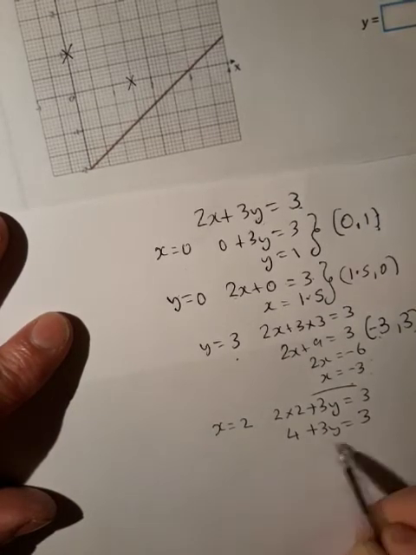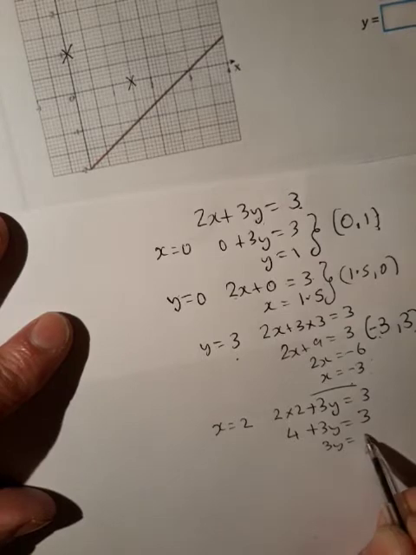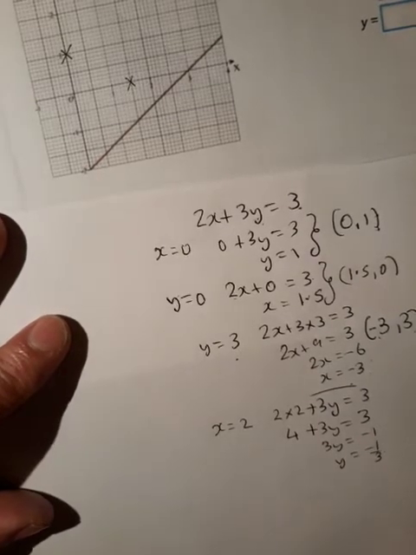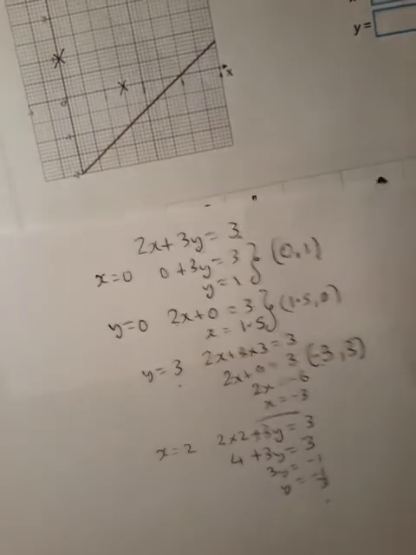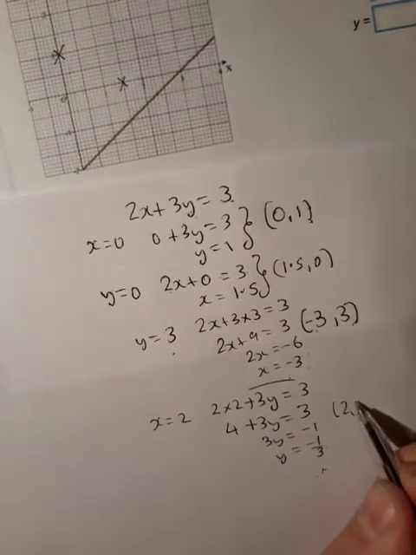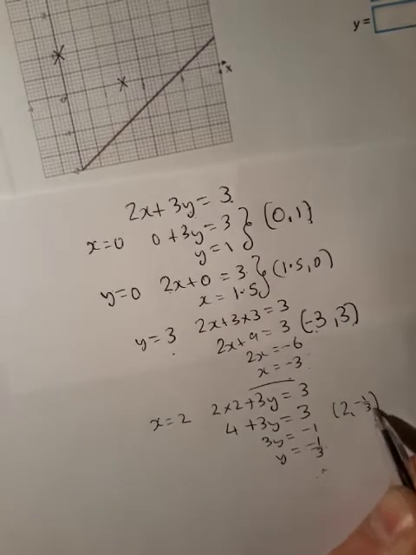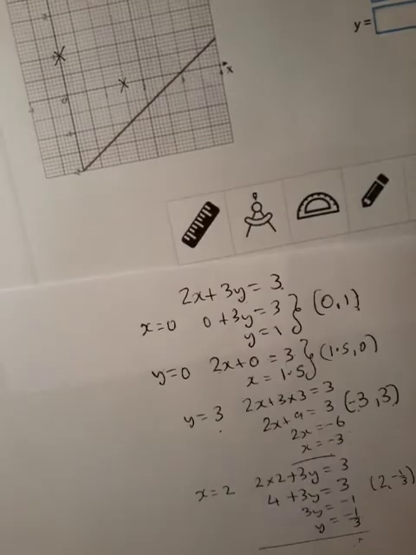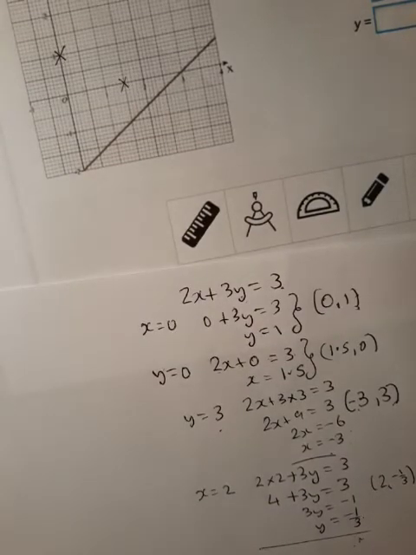Take away 4 from both sides, we get 3y equals minus 1. Y equals negative a third. Now, not a nice one because it's hard to plot that one, isn't it? That's a recurring decimal, very hard to plot accurately, so I'm not going to use that one either. What else can we use here?